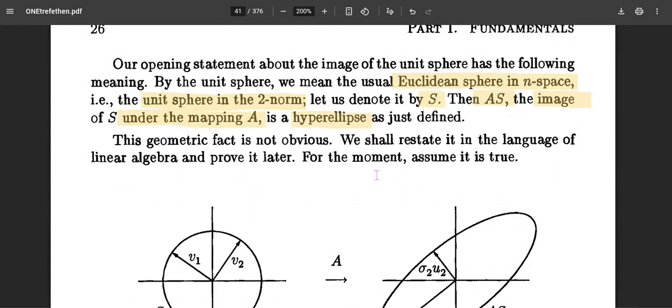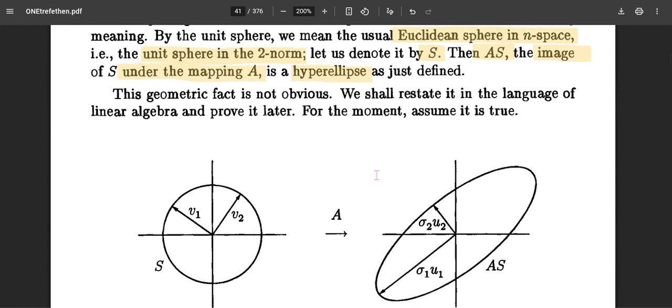So there will be an image transformation from the n-dimensional space to the m-dimensional space by the mapping of A, and this is the geometrical perspective. S is assumed to be a unit sphere in an n-dimensional space, which has equal axes v1 to vn.